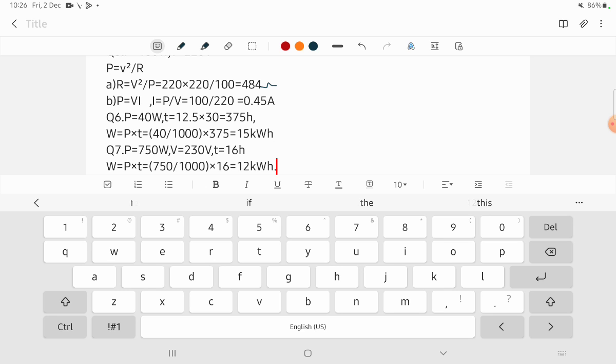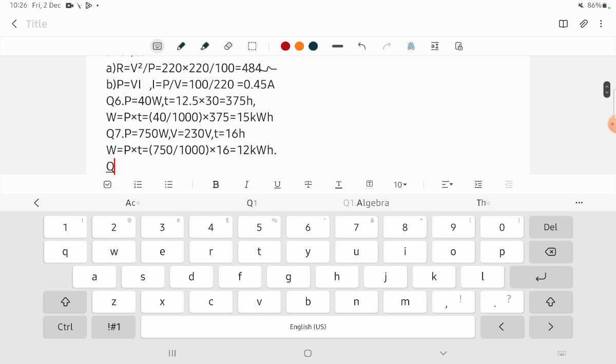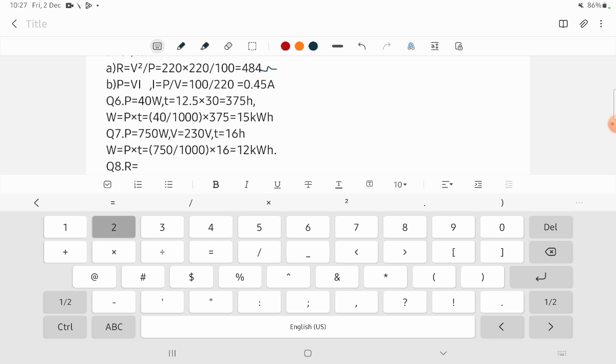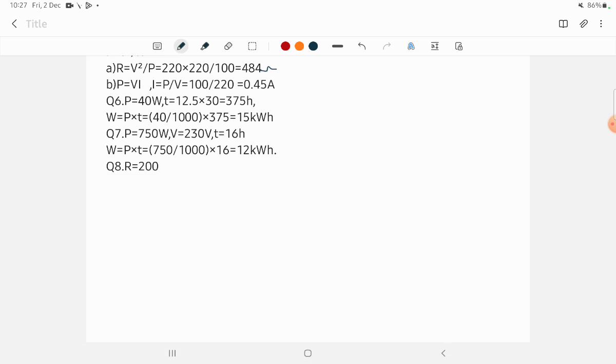Next, question number 8. An electrical appliance having a resistance of 200 ohm is operated at 200 volt. Calculate the energy consumed by the appliance in 5 minutes. So they have given you the resistance, that is 200 ohm.